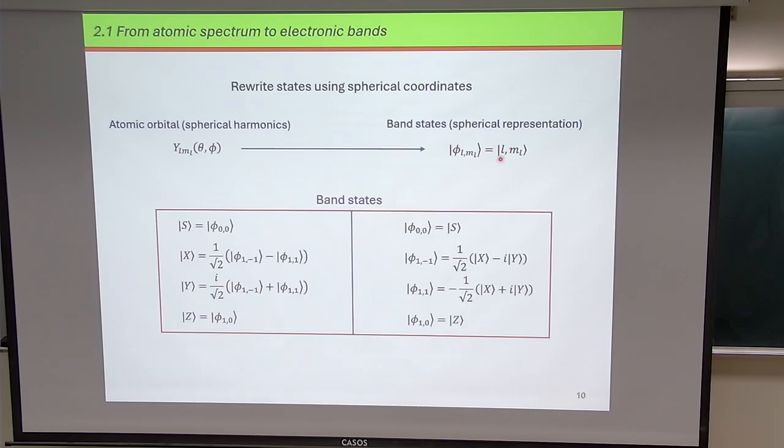So I can transform my states X, Y, and Z, expressing them in terms of this spherical representation, and vice versa. And when I say spherical harmonics, I mean it's not exactly a spherical harmonic; it's just something that transforms like a spherical harmonic.